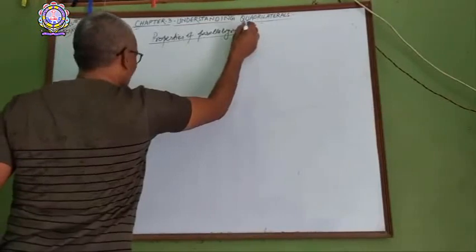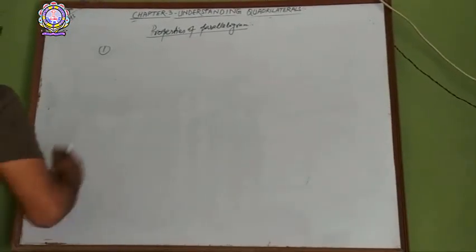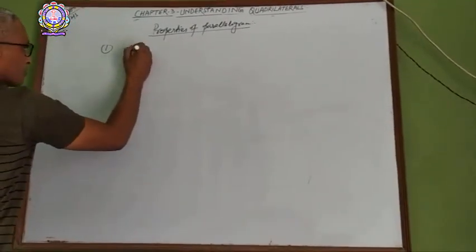First property: the opposite sides of a parallelogram are of equal length.